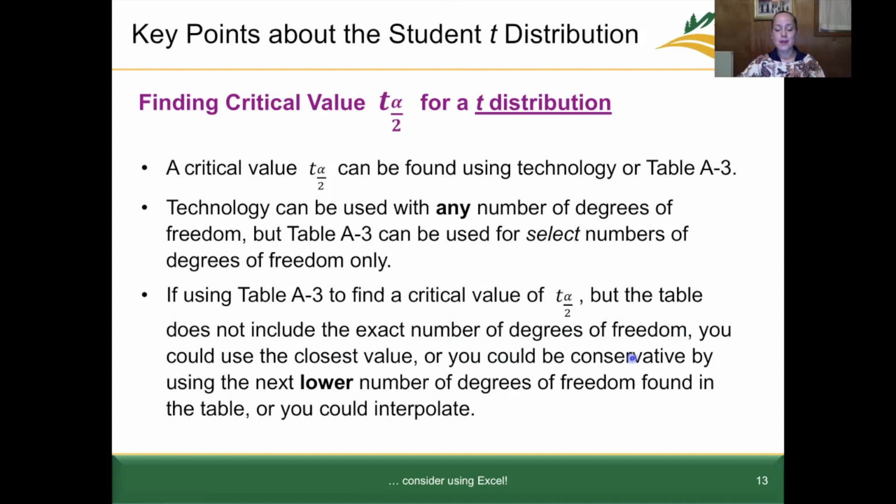If you look at table A3, which we'll practice using a little later in the 7.2 lecture, you can find all the degrees of freedom that are listed. But again, when you use Excel, you don't have to worry about that. You can use any number of degrees of freedom. In other words, we can have a sample size of any amount, right? Because we find the degrees of freedom by taking n, the sample size, minus 1.